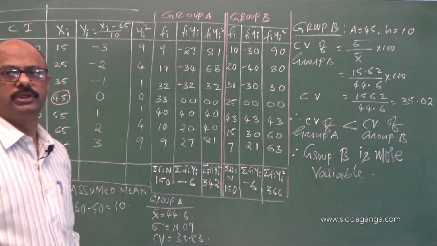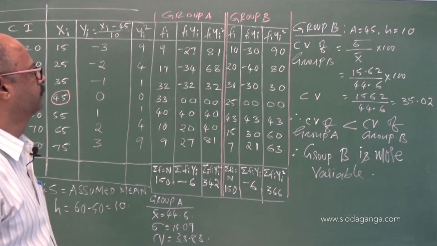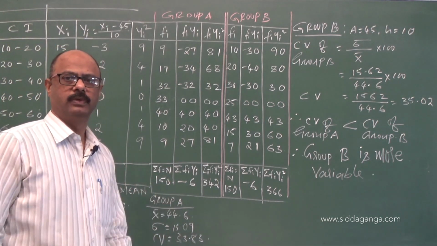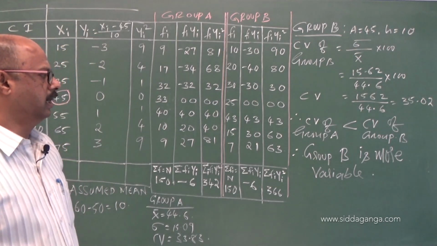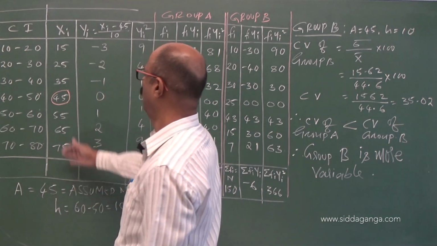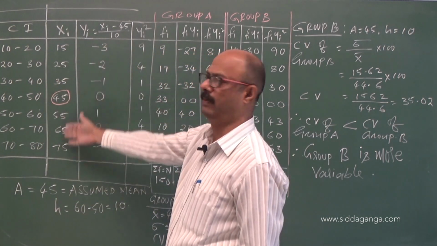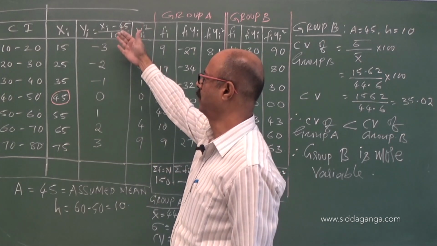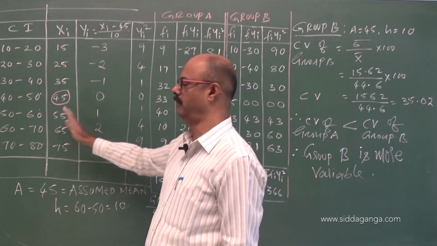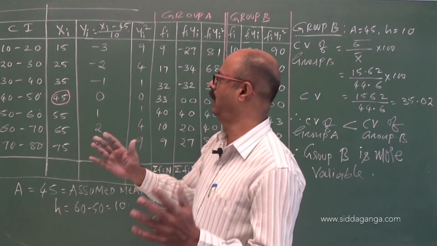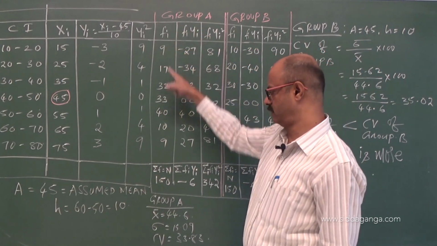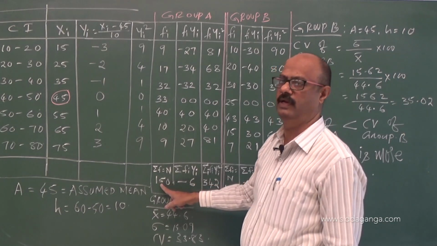This is how we should calculate this. Whenever means are the same, we calculate their coefficient of variation. First we find xi, the midpoints, later we calculate yi, and next yi square. These are common columns for both groups, A as well as B. For group A, they have given frequencies, the sum of all frequencies is 150.